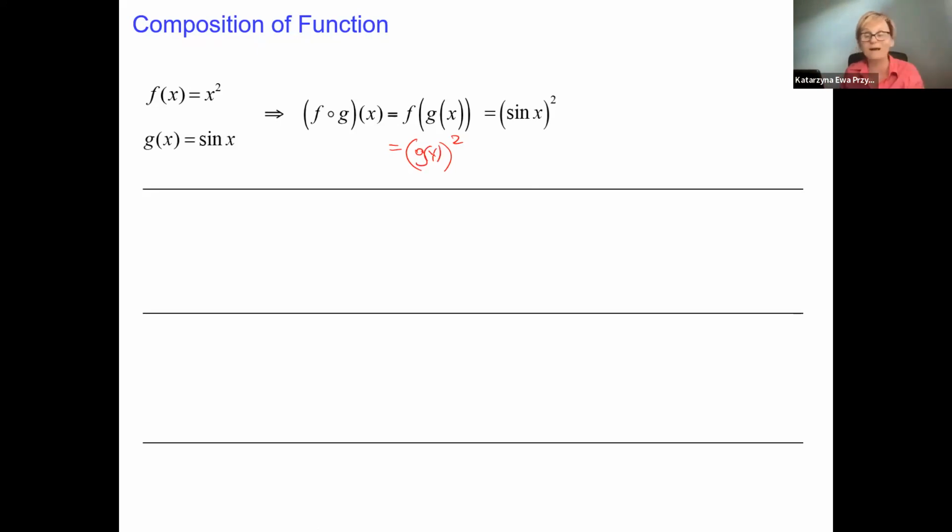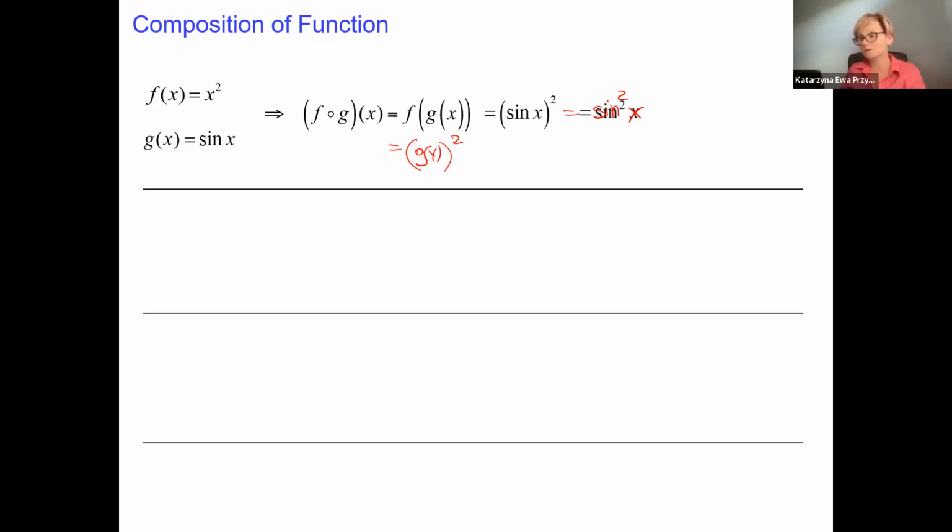That means this is the composition f compound with g, having f as x squared and g as sine of x. Or actually the proper notation for the trigonometric is this one, but this is also equivalent. We can see it as sine squared of x. The outer function is the square, the power function. The inner function is sine of x. Really important to identify.